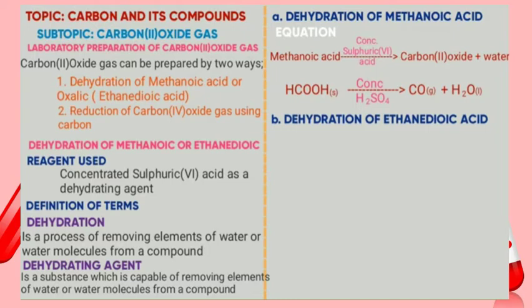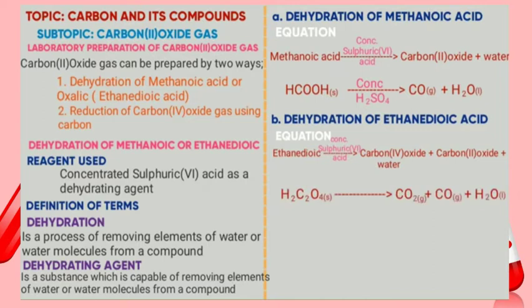The equation there is ethane dioic acid, with concentrated sulfuric acid, gives you carbon IV oxide plus carbon II oxide plus water. The chemical equation is H2C2O4, with concentrated sulfuric acid, gives CO2 gas plus CO gas plus H2O liquid.